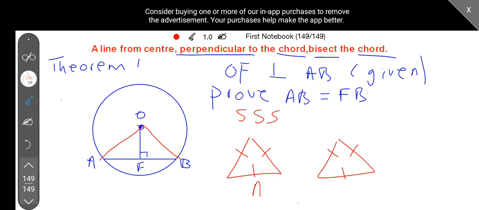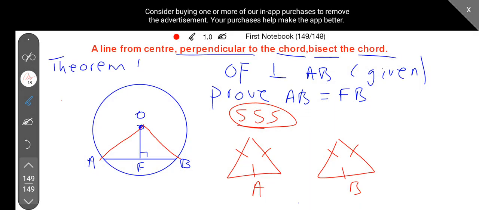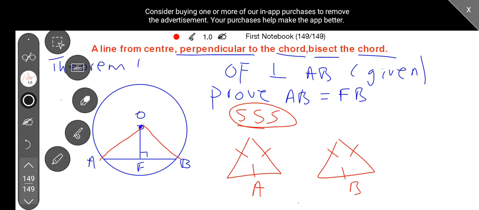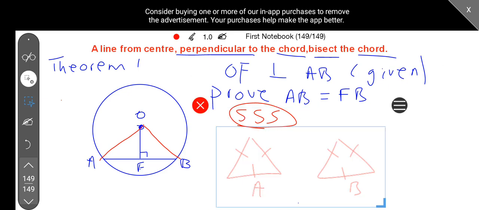Therefore, we can say triangle A and triangle B are congruent, and the reason will be SSS. If you want to write the full abbreviation for it, you can feel free to do so. If you want to shorten them, you can. It's also accepted.